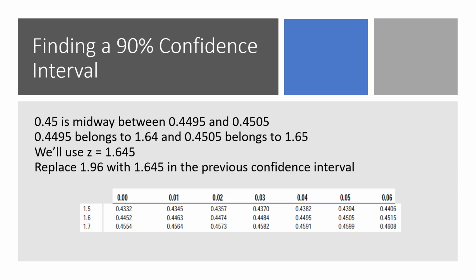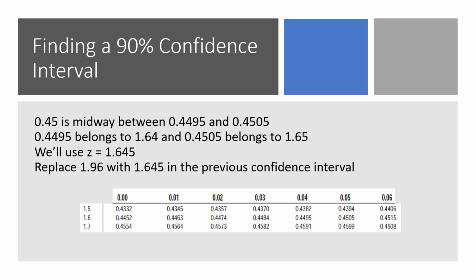So 0.45 is midway between 0.4495 and 0.4505. So 0.4495, which is those probability values inside the table, is going to correspond to a z-value of 1.64, and 0.4505 is going to correspond to a z-value of 1.65.